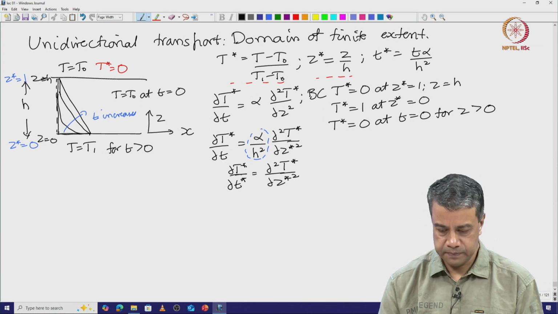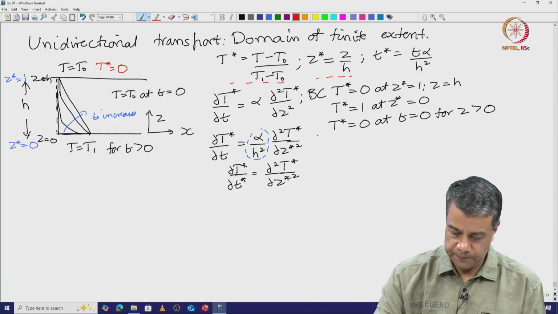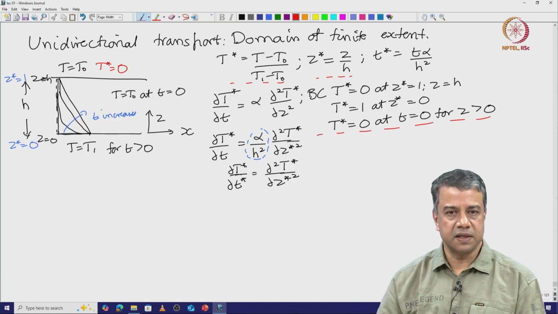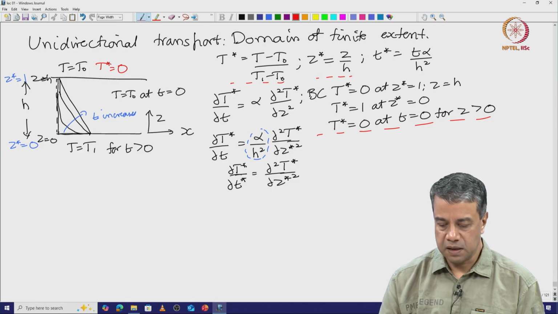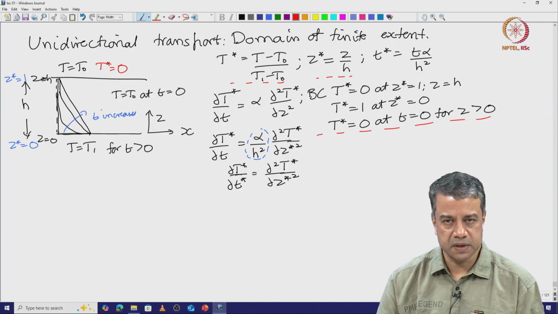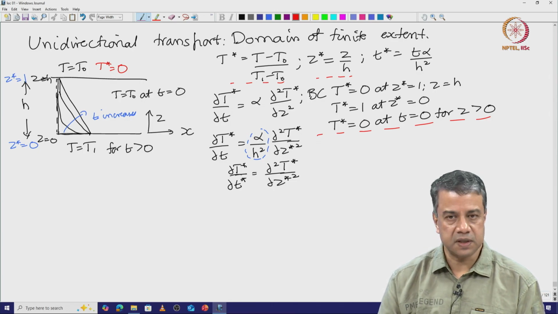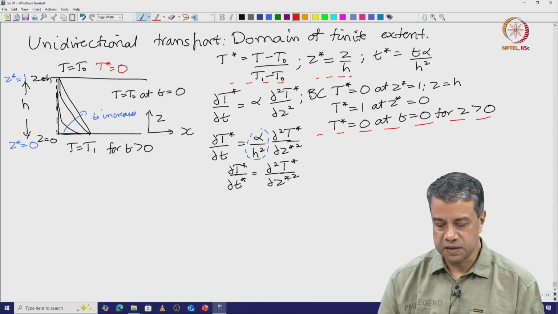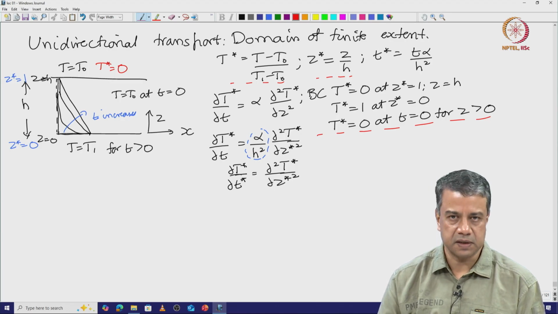That is the equation, and these are the boundary conditions. And you can see that defined in this way, just by scaling, it turns out neither the equation nor the boundary conditions have any parameters in them. The equation has no parameter, the diffusion coefficient has been scaled out. The boundary conditions are at z star equal to 1, z star equal to 0, t star equals 1 or t star equals 0.